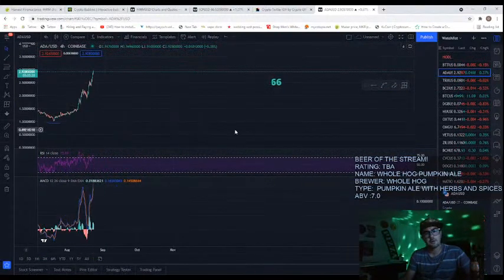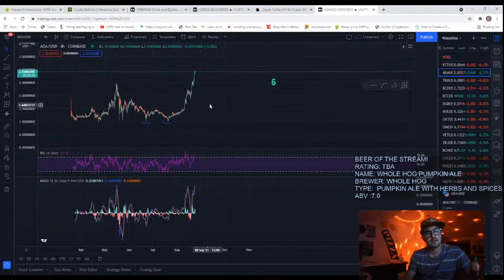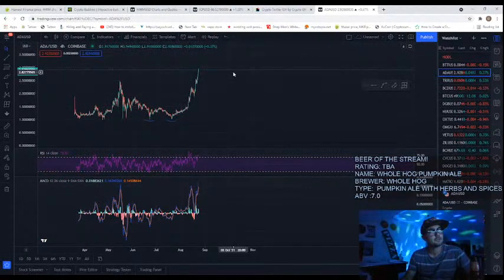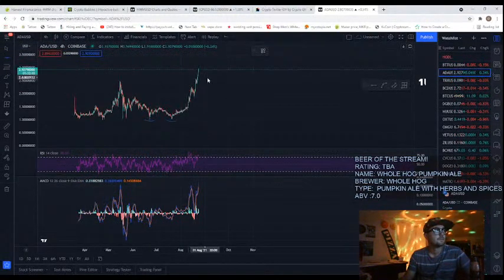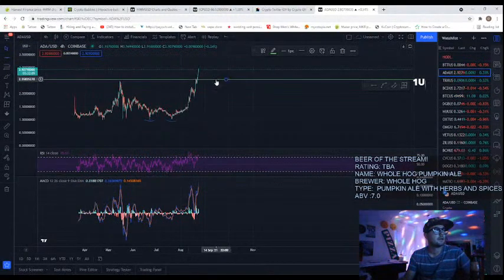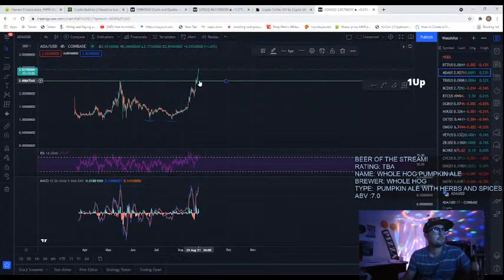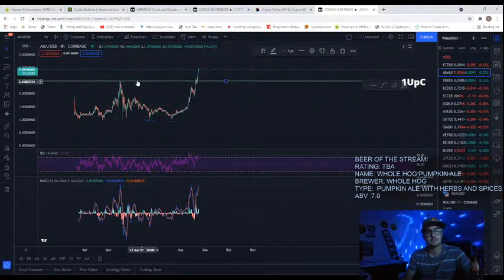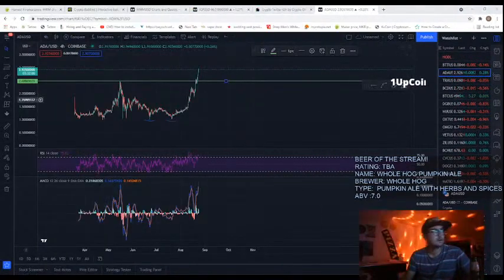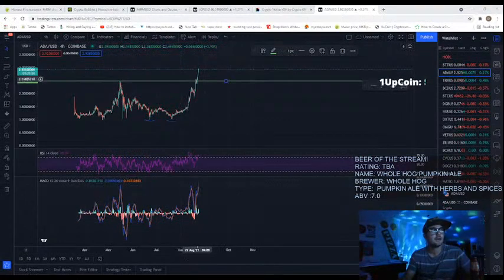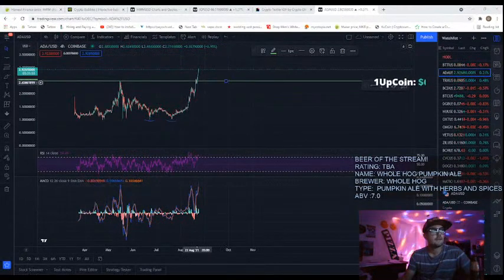I'm calling it a pump stream because this thing has pumped to new all-time highs within the past few days, and back tested the old resistance as support right here at 248. We broke through that right here, and then we back tested it as support.